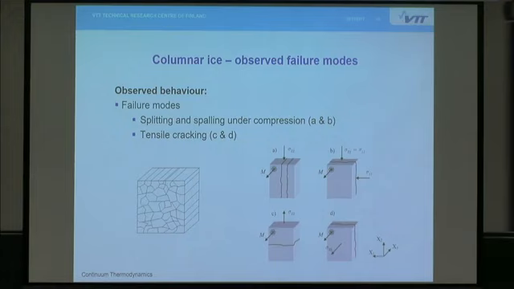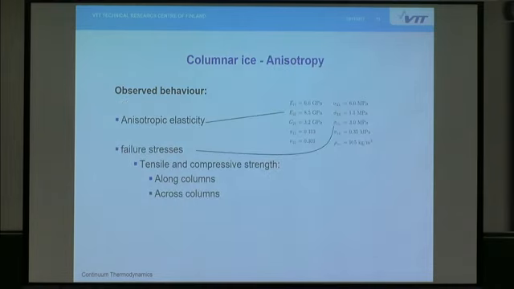It's about columnar ice. So the objective was that we could model splitting in uniaxial and biaxial compression and also tensile modes for columnar ice. What we know is that it's elastically anisotropic.